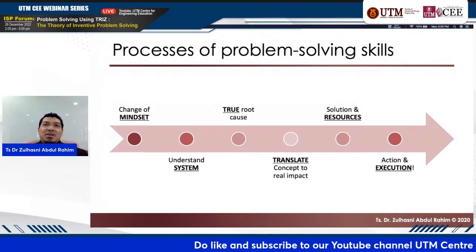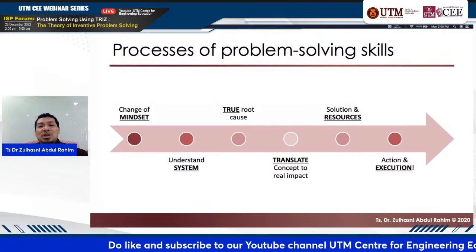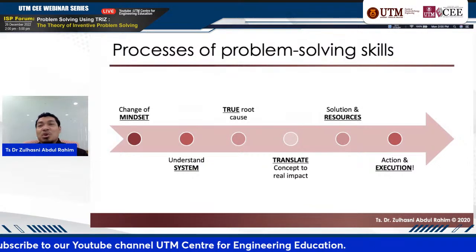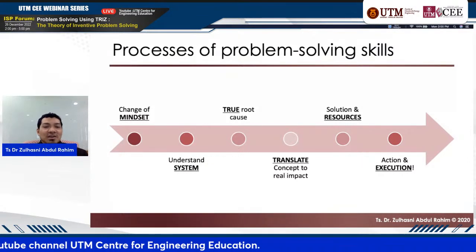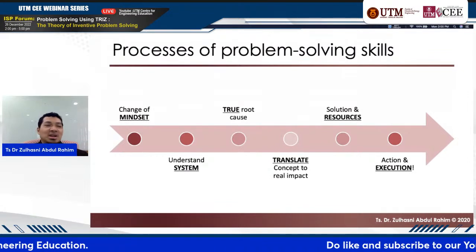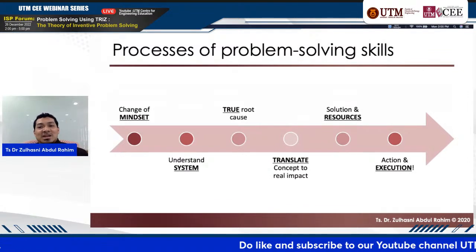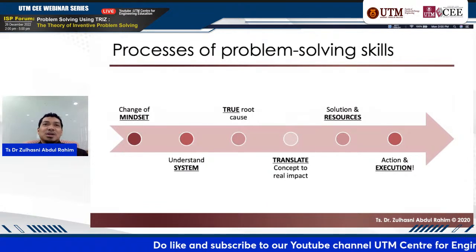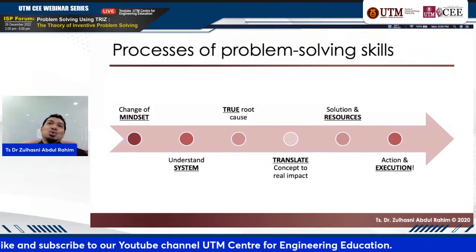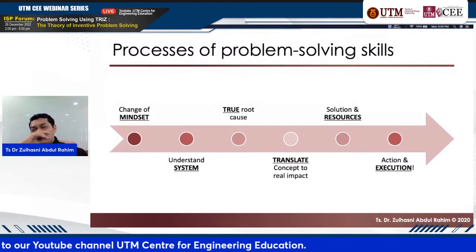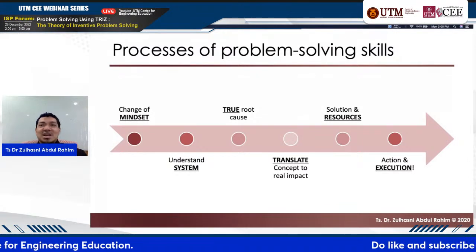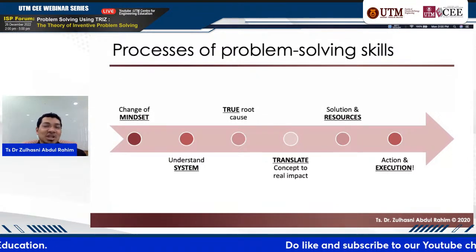So when I've been introduced with this kind of tool, there's a few things that I would like to share with you regarding problem solving skill. The first part is a change of mindset. In solving a problem, it is very difficult for us to change our mindset from student to engineer, from consumer, user to inventor mindset, designer mindset, or engineer mindset.